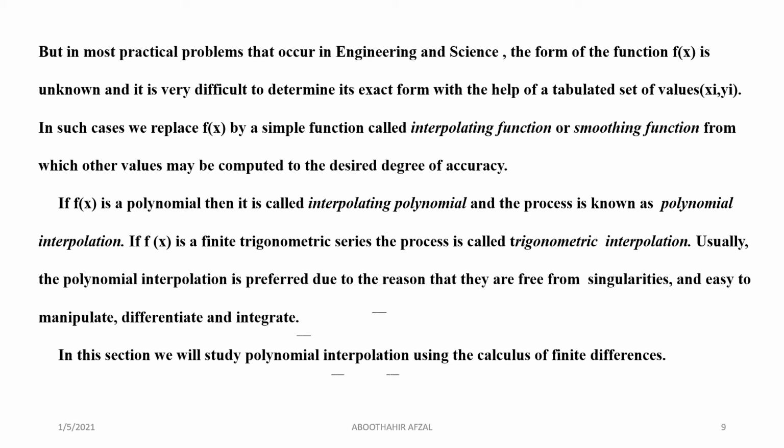So the differences in data values are used to find the coefficients of the polynomial, and that is what we call polynomial interpolation, and the polynomial is called the interpolating polynomial.